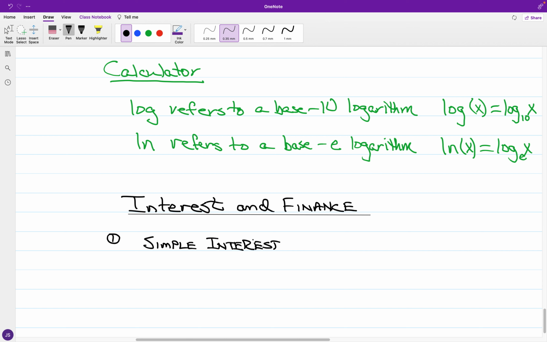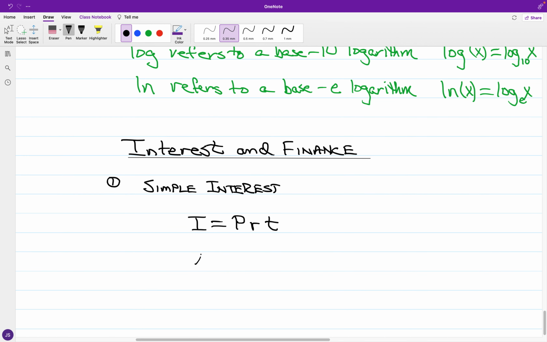And in the case of simple interest, now we've got variables, multivariable expressions in the mix. You have I is equal to P times R times T, and we have A is equal to P plus I.